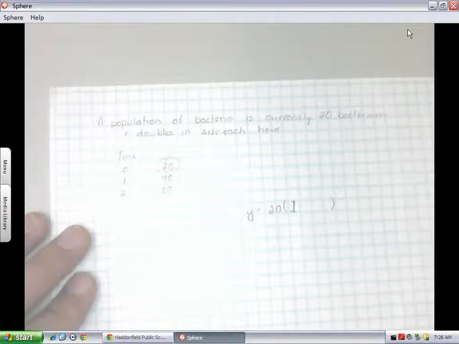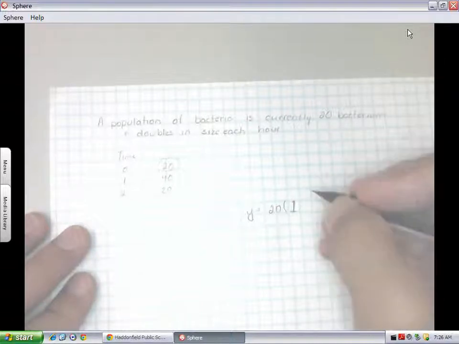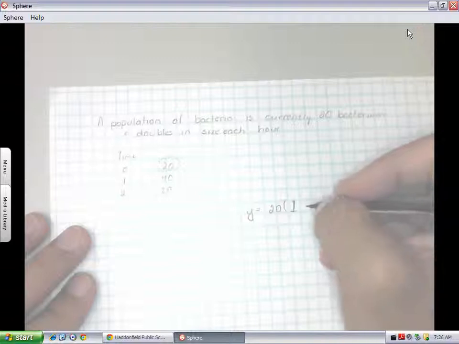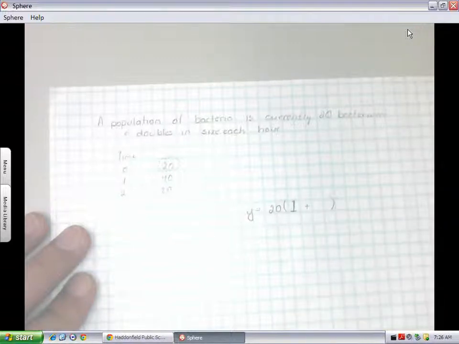I need to decide, is this population growing or decaying? This population is growing. And now, by what percent is this population growing? Well, if it's doubling, then it's growing by 100% each hour.